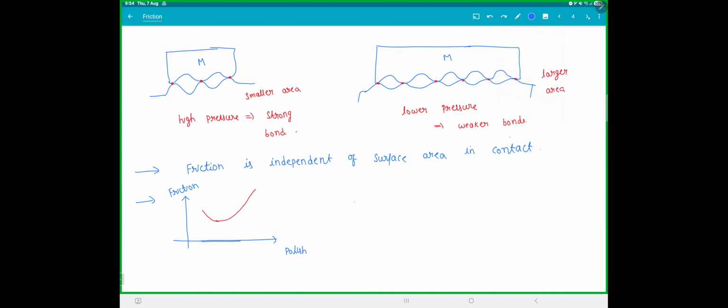So what happens with polishing? When a surface is polished, initially friction decreases because the interlocking decreases.